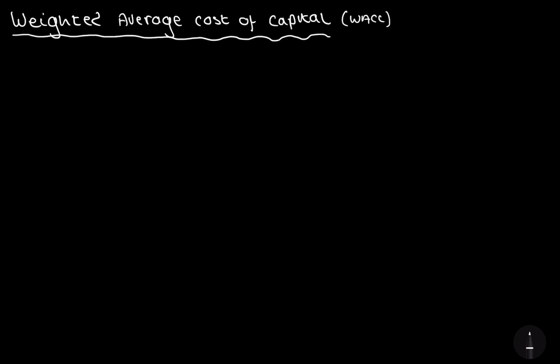Now, where this weighted average comes into play is when we need to combine both debt and equity. Essentially, we're finding the average cost of debt and equity. But what we've got to include in debt is the fact that it is tax deductible.